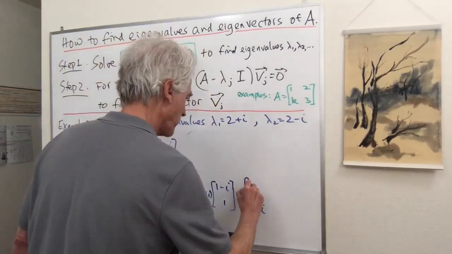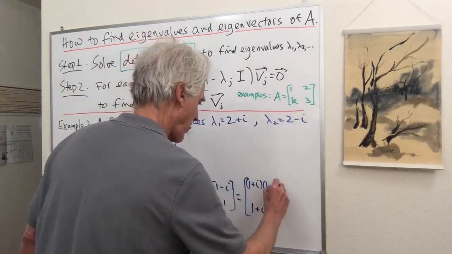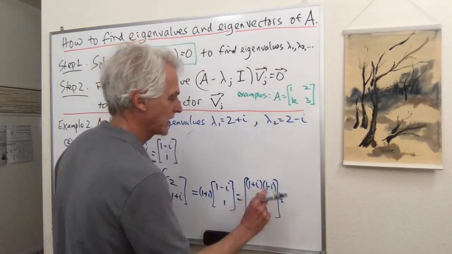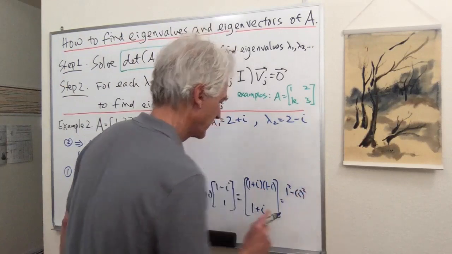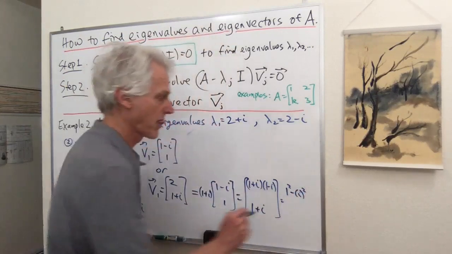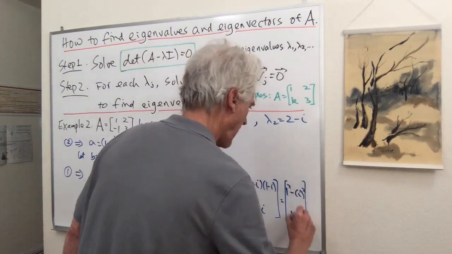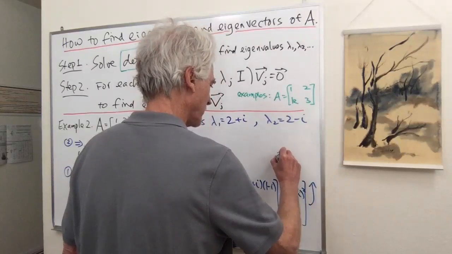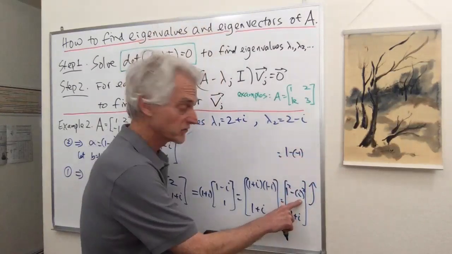And what's the top component? 1 plus i times 1 minus i. That's of the form (a plus b) times (a minus b). This is 1 squared minus i squared, when a is 1 and b is i. This is equal to 1 minus negative 1, because i squared is negative 1.